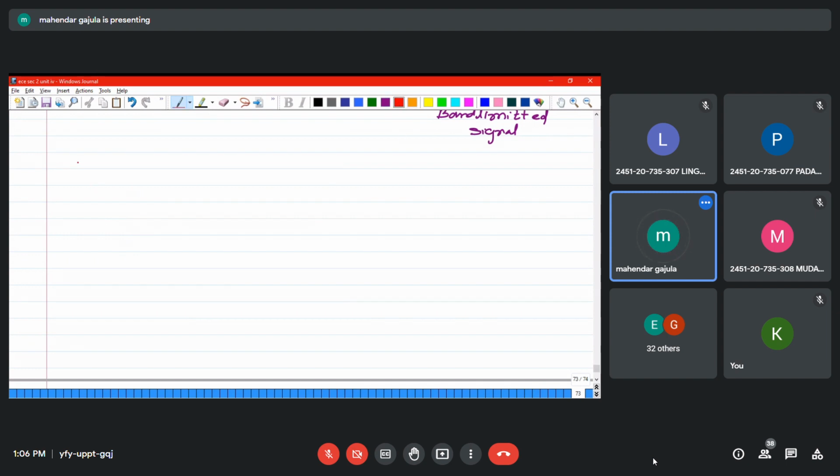Find the output power spectral density of the following circuit.